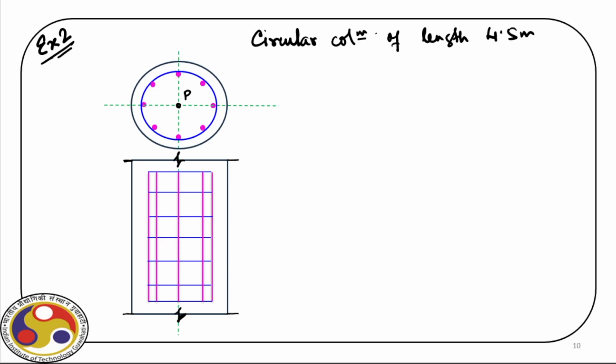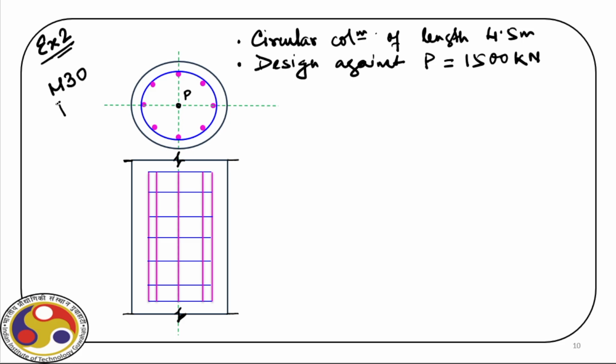That means the ends are fixed. So design it to carry an axial load, P service, equal to 1500 kilonewton. And again, we design it for M30 concrete and Fe 415 steel.